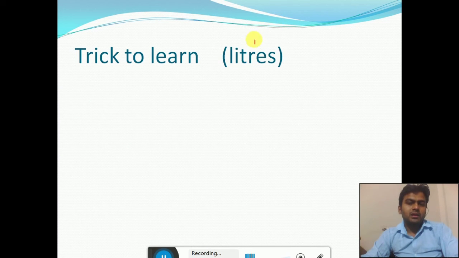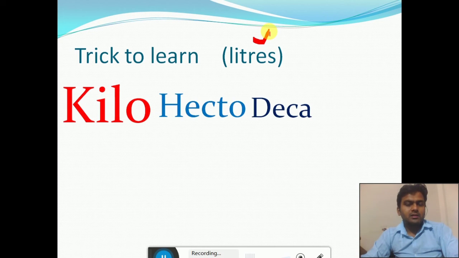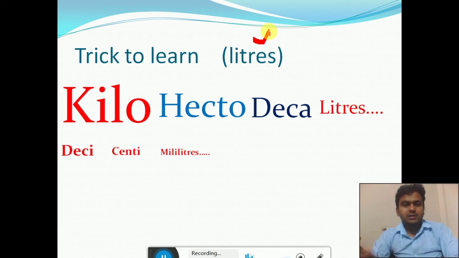For the liters: kilo, hecto, decaliters, deci, centi, milliliters. So like this you can learn the units.